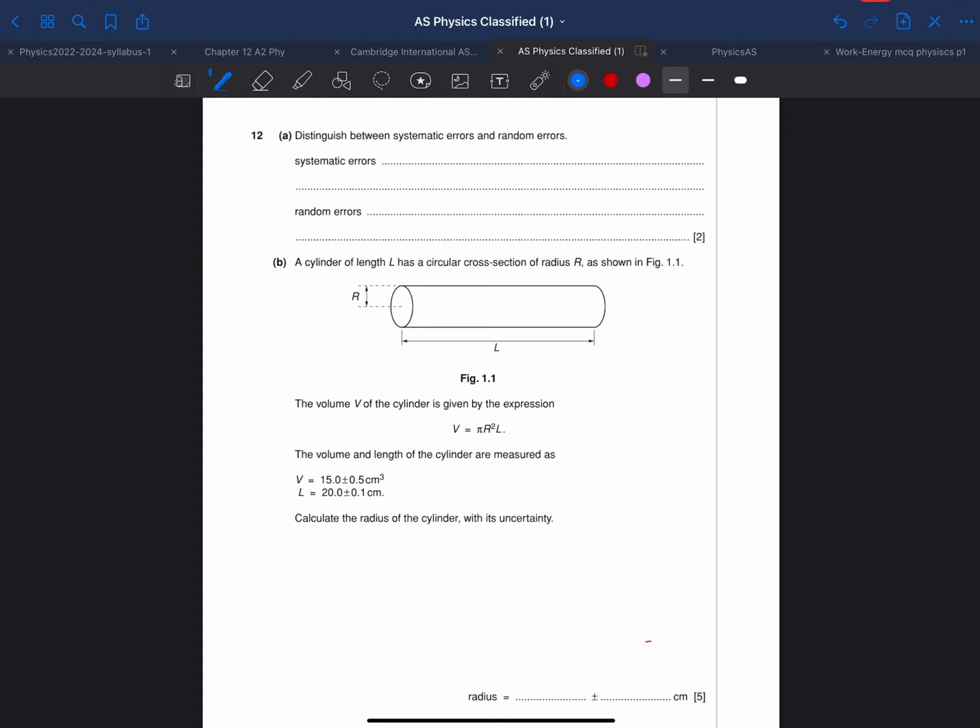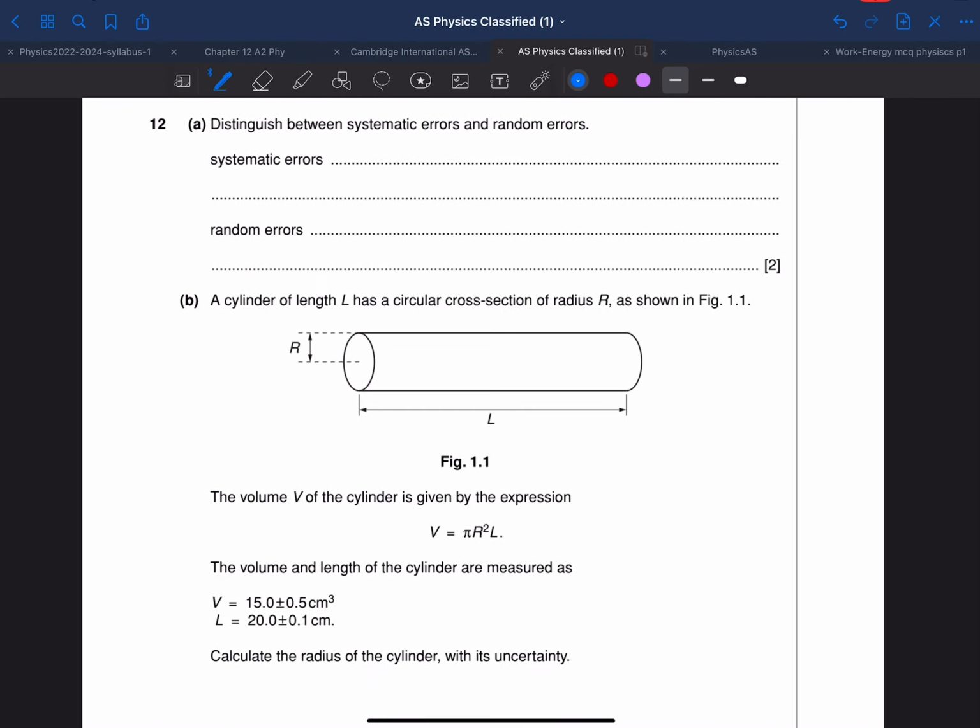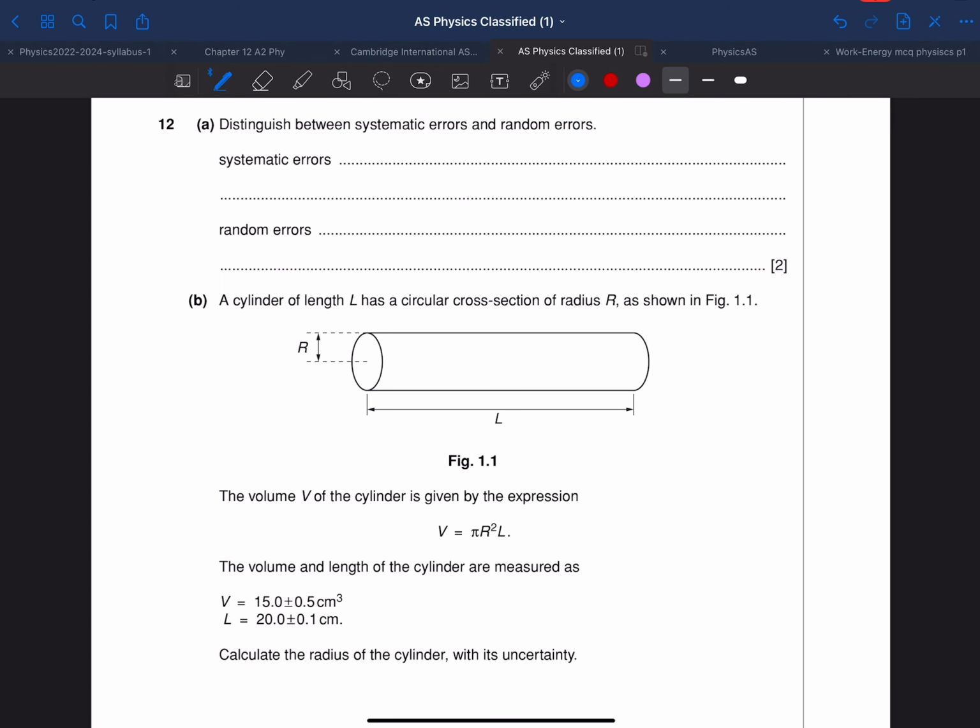So if you want to get the full benefit of this lecture, you have to check the last discussion where we have discussed the uncertainty thing, and of course systematic error and random error and accuracy and precision as well.